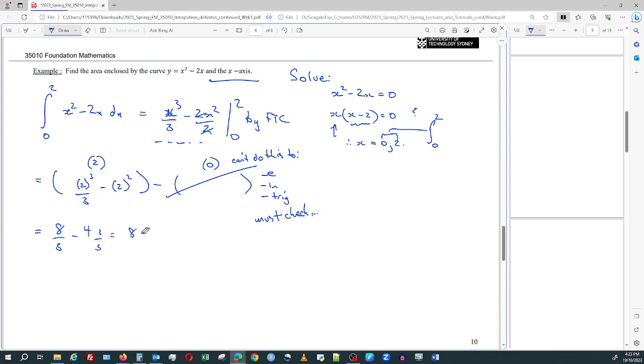So it's 8 minus 12 on 3. 8 minus 12 on 3 is minus 4 on 3 units squared. What does that mean, 1 1/3 negative? Okay, what does that mean? It means the total area, the net area, is below the x-axis.